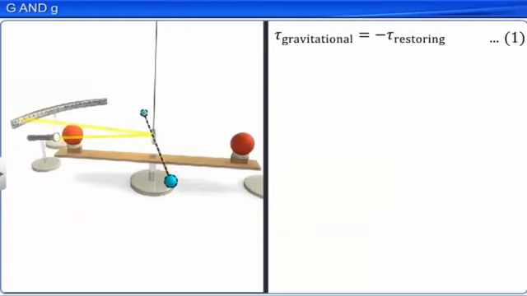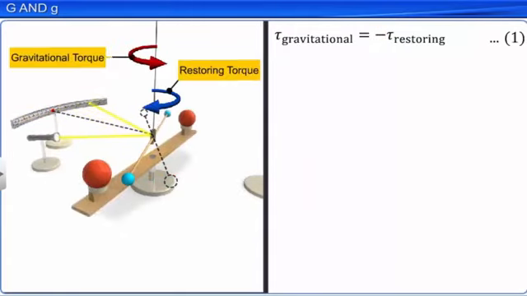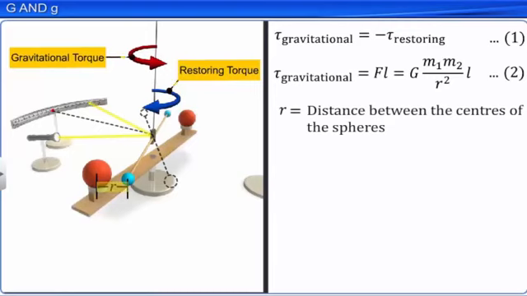Thus, we have equation 1. The negative sign in this equation indicates that both the torques act in opposite directions. The total torque due to gravitational force between the spheres is denoted by equation 2. Here, R is the distance between the centers of the spheres and L is the length of the rod.